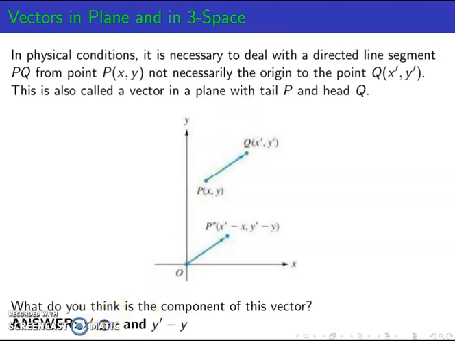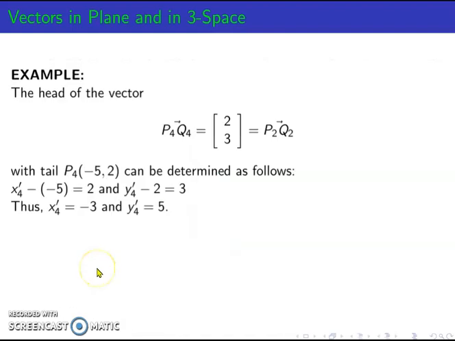That will be the x component of the vector. For the y component, first take the y coordinate of the head, then minus the y coordinate of the tail. So going back from here, to compute the x coordinate, that is just x prime sub 4 minus x.